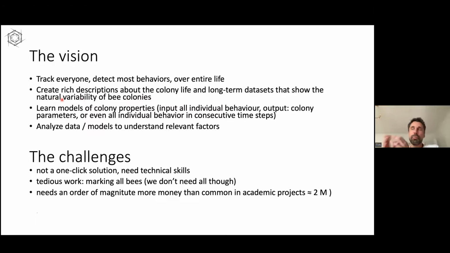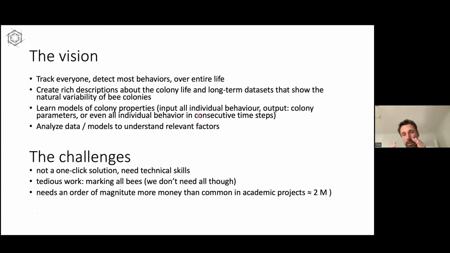So this is what we need to also exactly understand what is natural variability. And I think the way a colony reacts to different environmental conditions to bring it back to a stable cycle is something that we have no idea about how this actually works. So my vision is that we can take these data sets and train machine learning models to represent this data, right?